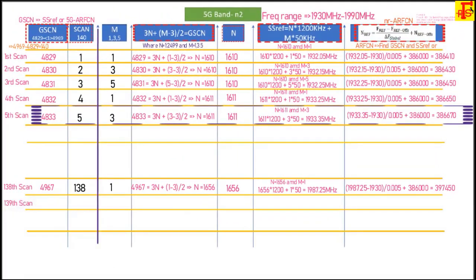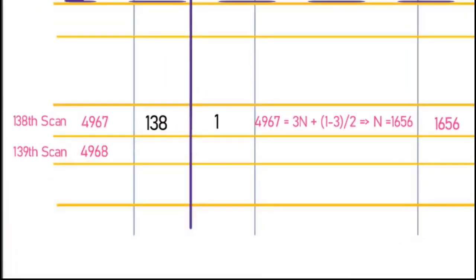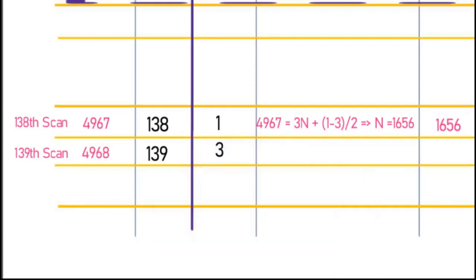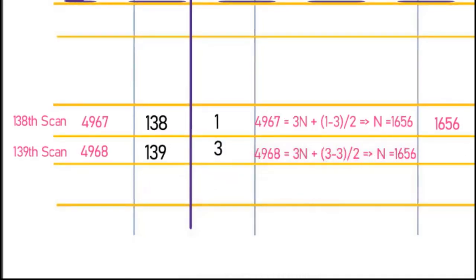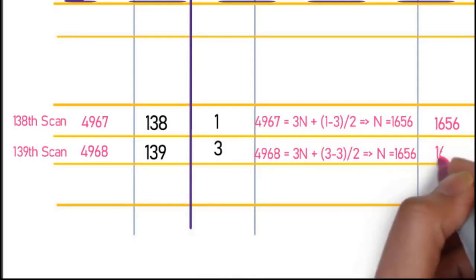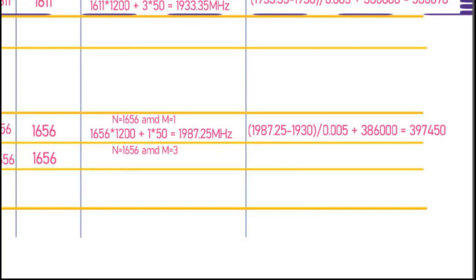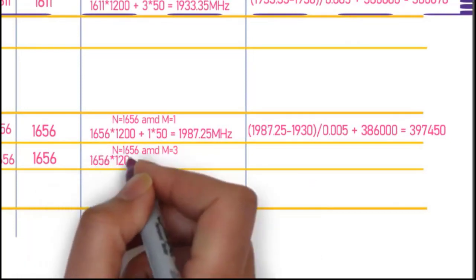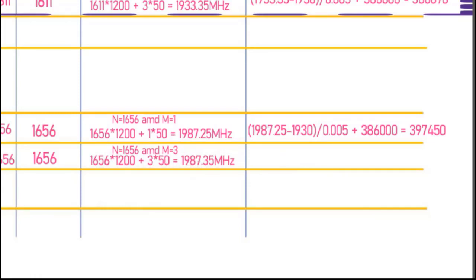Now we will go for the 139th scan. The GSCN value is 4968 and the m value is equal to 3. So in the GSCN formula we put the m value, m is equal to 3, and we calculate n, which is 1656. Now n is 1656, m is 3, then the SSREF position will be 1987.35 megahertz.